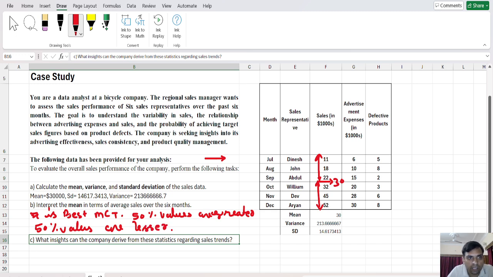So we can interpret this mean as the best measure of central tendency because this is exactly in the center of data. You can add more lines in this.